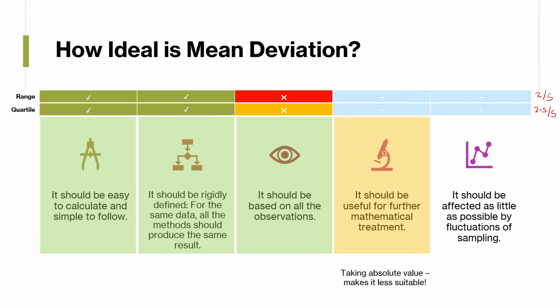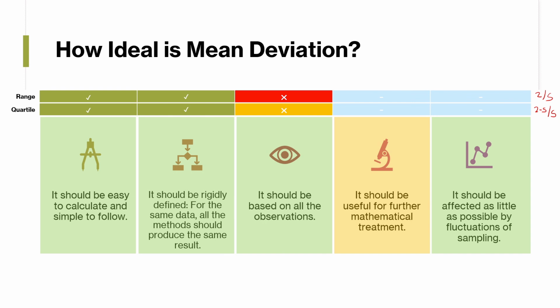But because we use absolute value to make the mean deviation positive, it is not really suitable for further mathematical treatment. And it is affected by, considering the possible fluctuations of sampling into the final value we get.